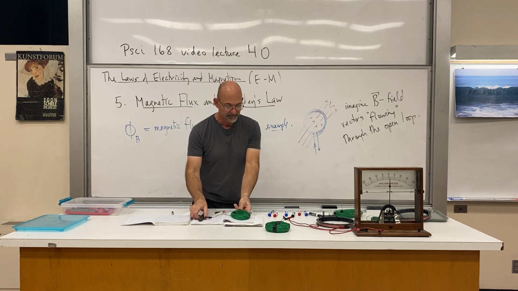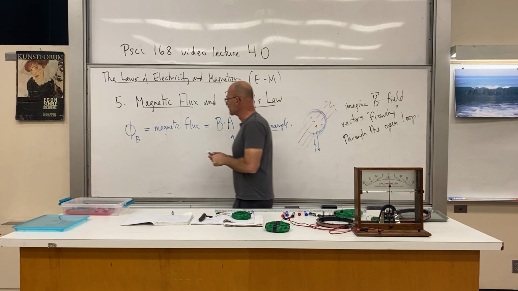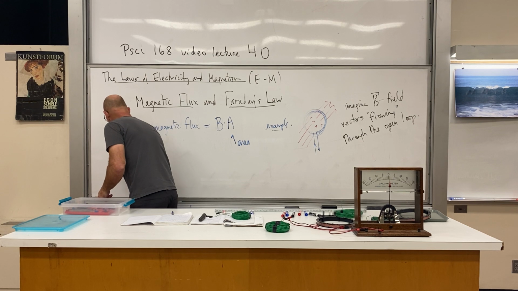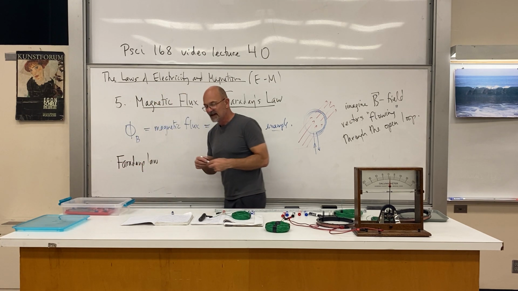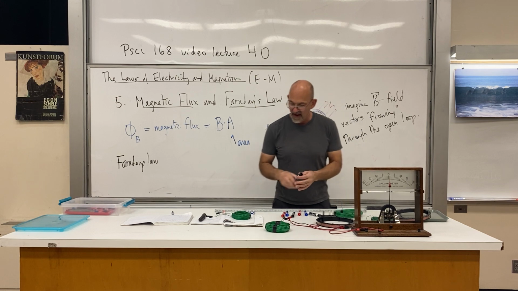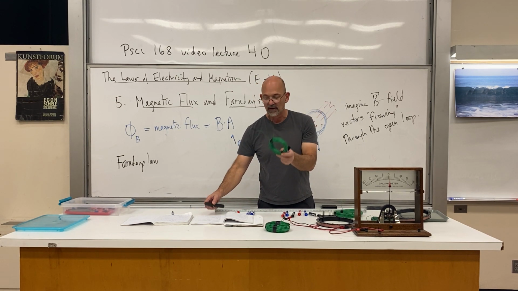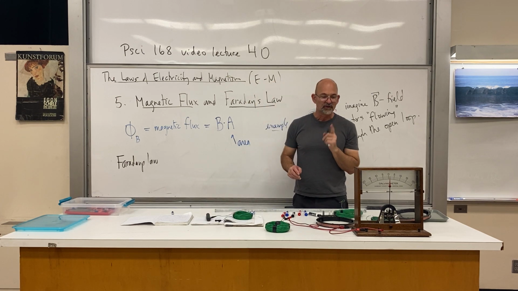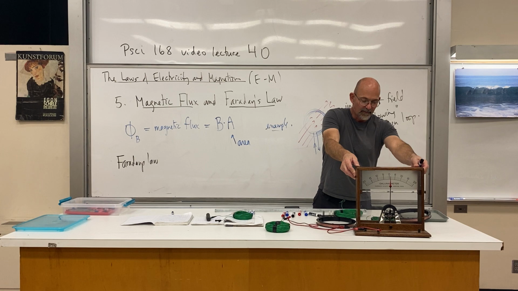Now, Faraday's law is very interesting. I'm going to write Faraday's law down. Faraday's law says that you're going to get a voltage just out of that magnet and the coil. You're going to get a voltage under certain circumstances. This here is a galvanometer. It's going to actually measure voltage or current.